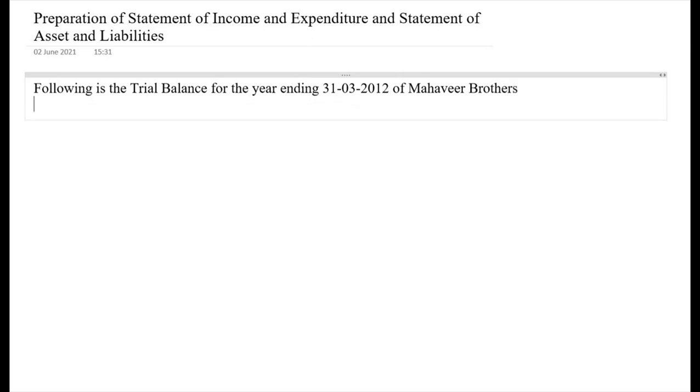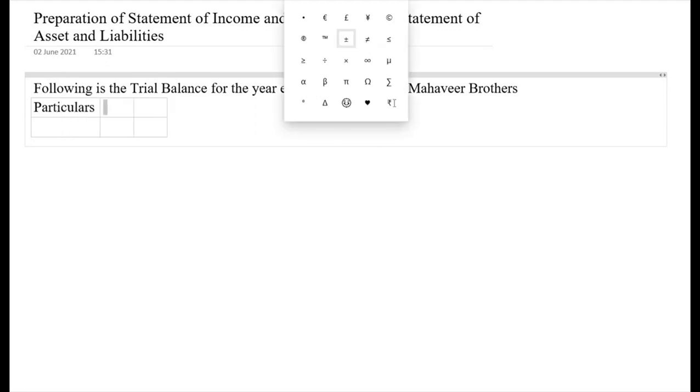So let me insert 3 columns here. Particulars. Let me insert the symbol of rupee here.